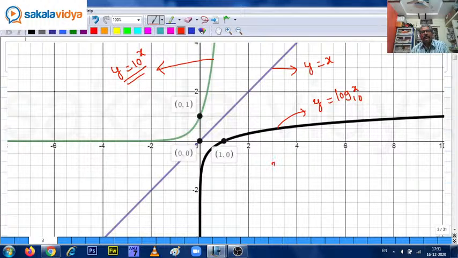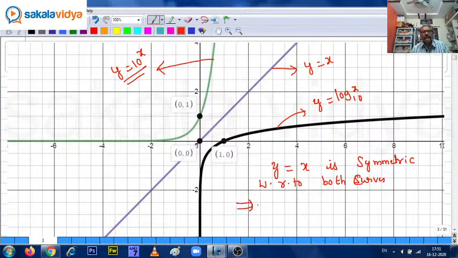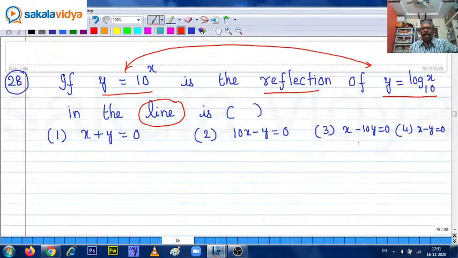So this y is equal to x is symmetric with respect to both curves. Therefore the answer is what? x minus y is equal to 0. So the fourth option is the right option.